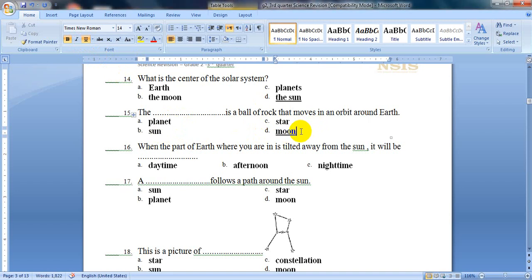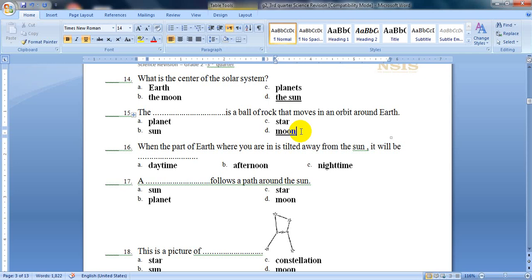And we said when we explained the solar system that we have moons, because each planet has its own moons. But Earth has only one moon, which we see most of the time at night.